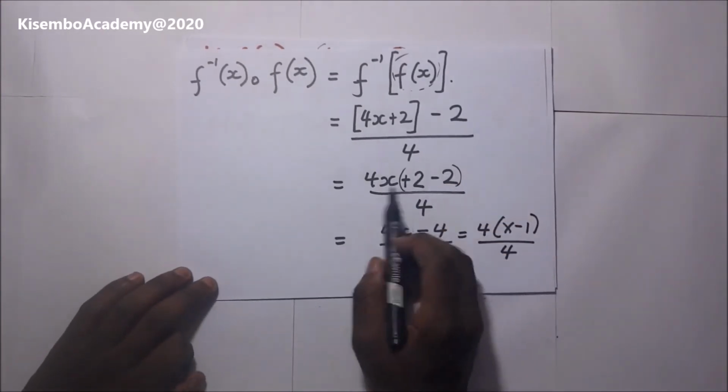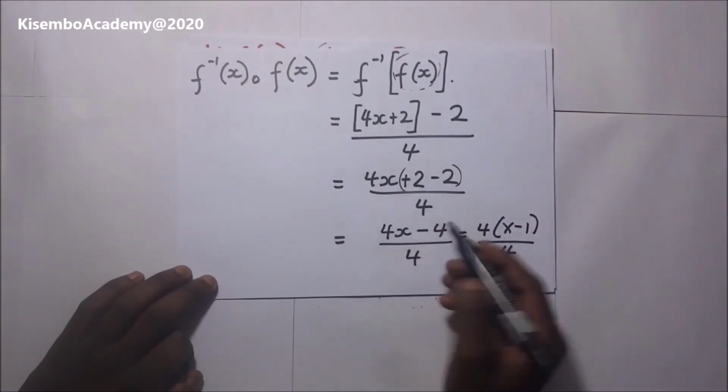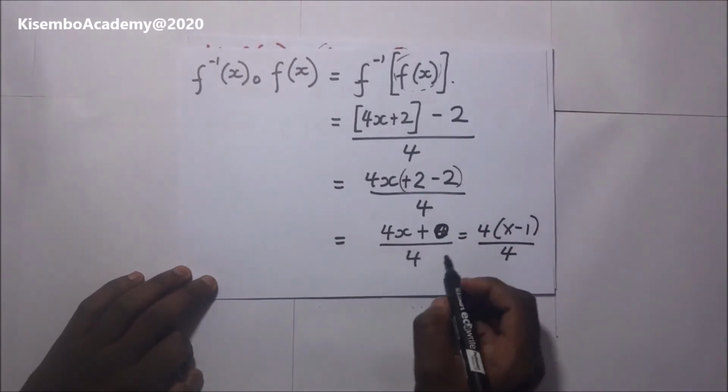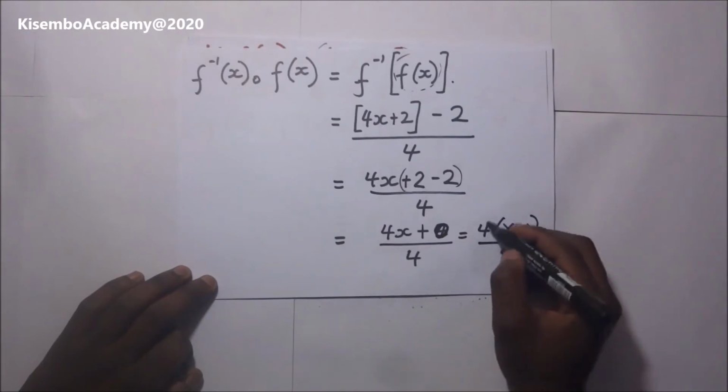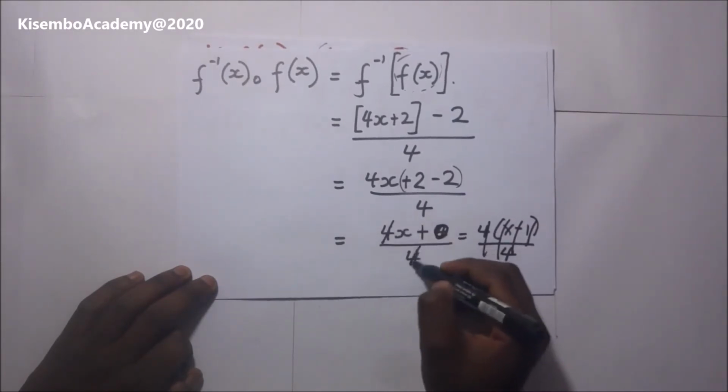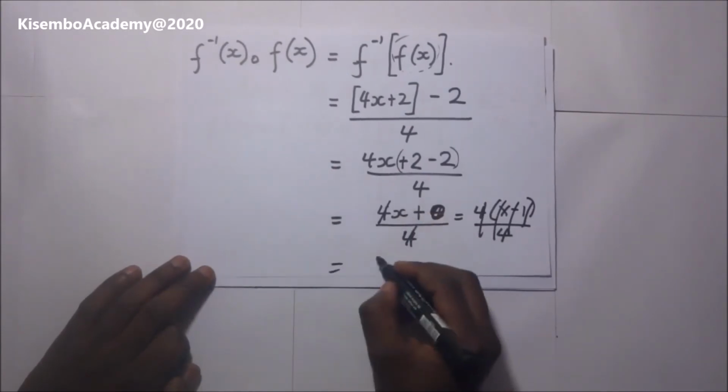So it means this is going to become 4x plus 0, and this ends up being 4x over 4. The 4's will cancel out and you remain with the value of x.